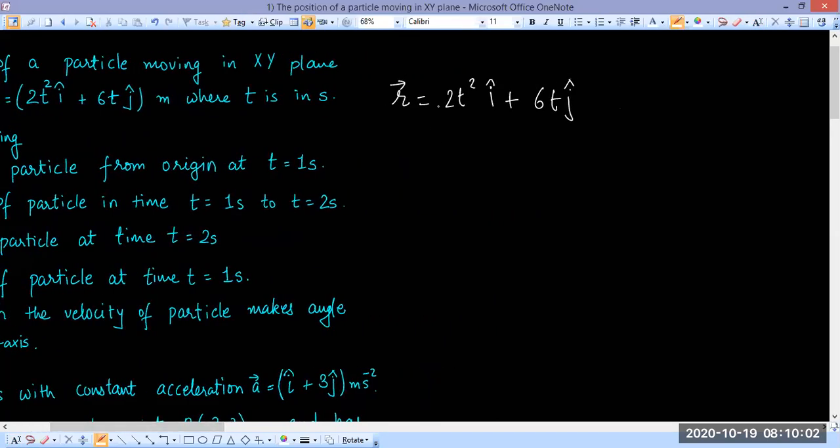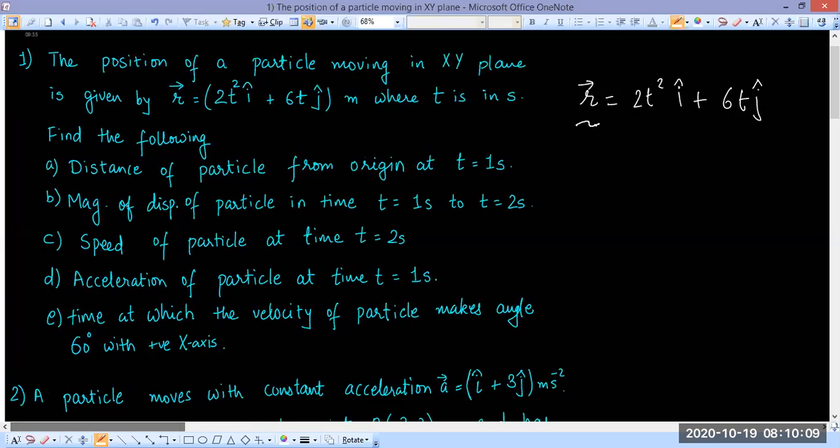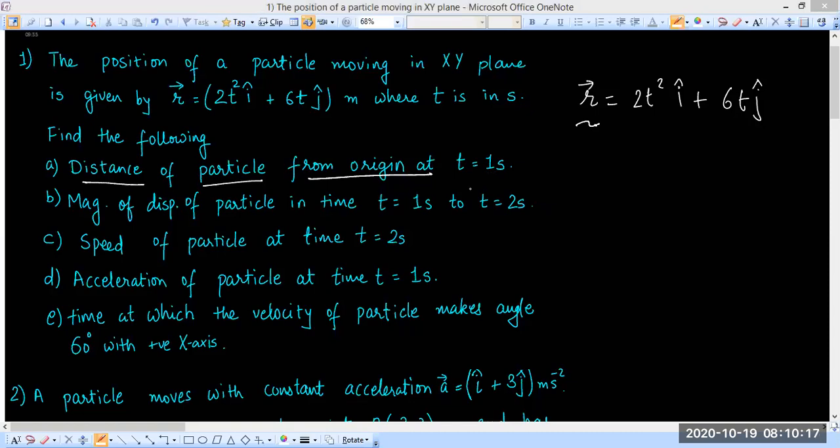I was asking you whether, once we have got this position, the first question is the distance of the particle from origin at t equal to 1 second. We have to find the distance of wherever the particle is from origin.